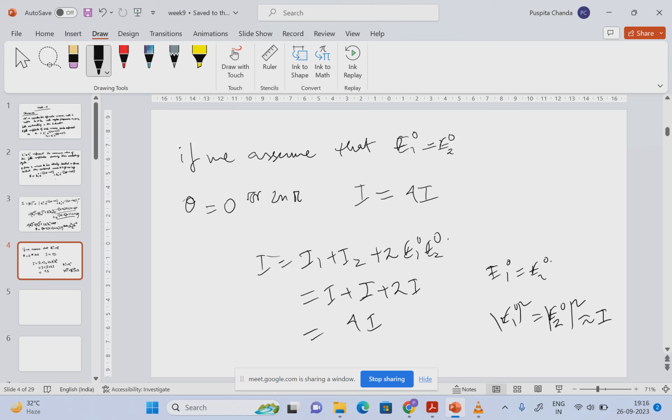And if theta is equal to pi, 3 pi, or you can say (2n plus 1) pi, 5 pi and so on, then I will be 0. Thus, the two waves are interfering with each other to produce effects not associated with each wave separately.